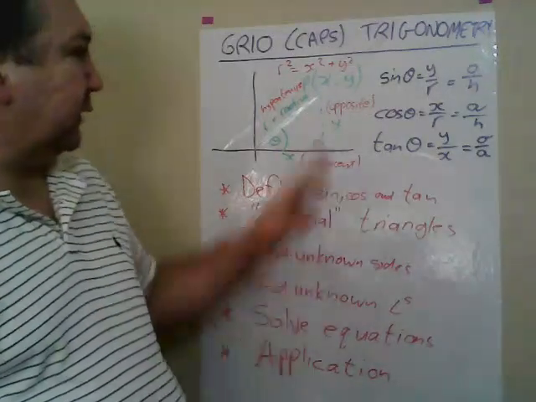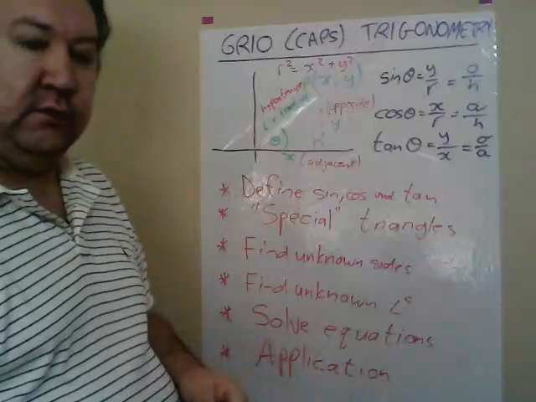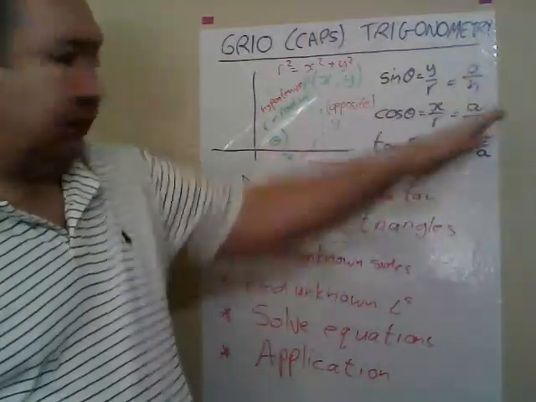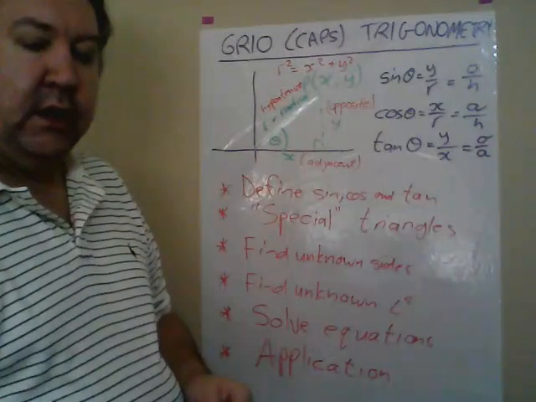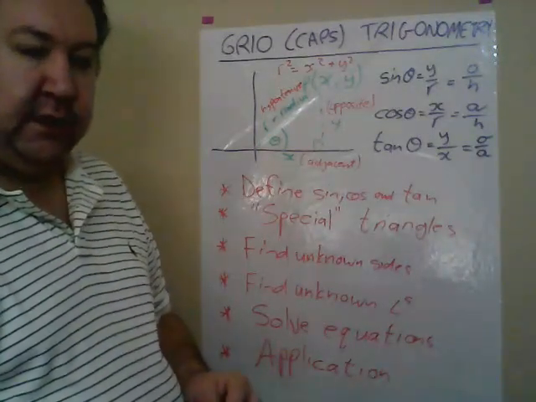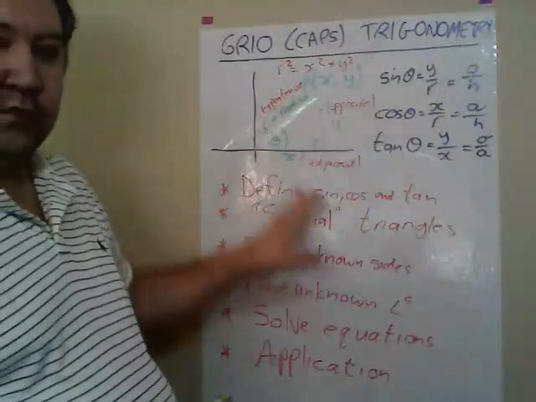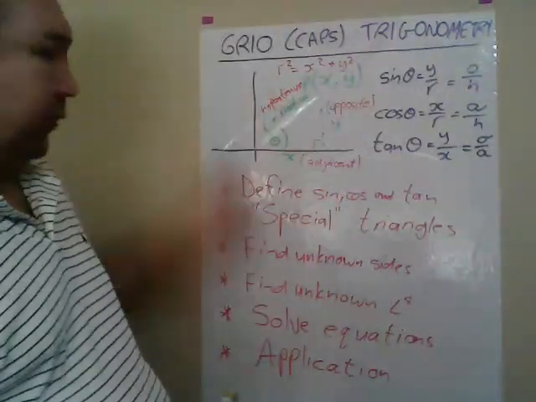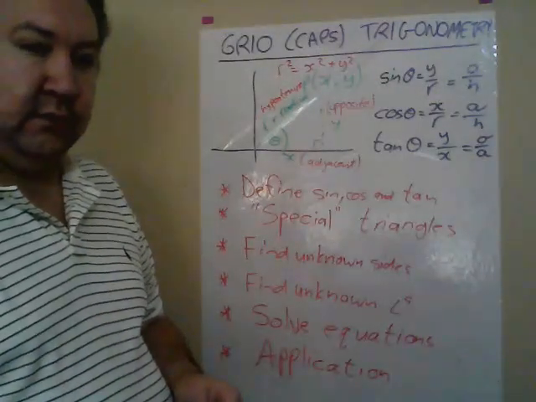Quite often people don't start with this, but I prefer to start with this and then work over to the OAH definitions we'll come across. And the reason for that is that we don't always have right angle triangles. And quite often we work on a Cartesian plane and we can't draw a right angle triangle then.